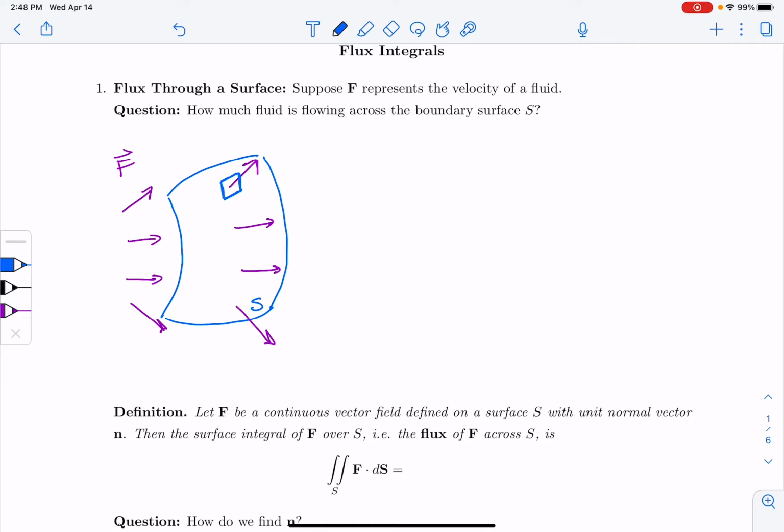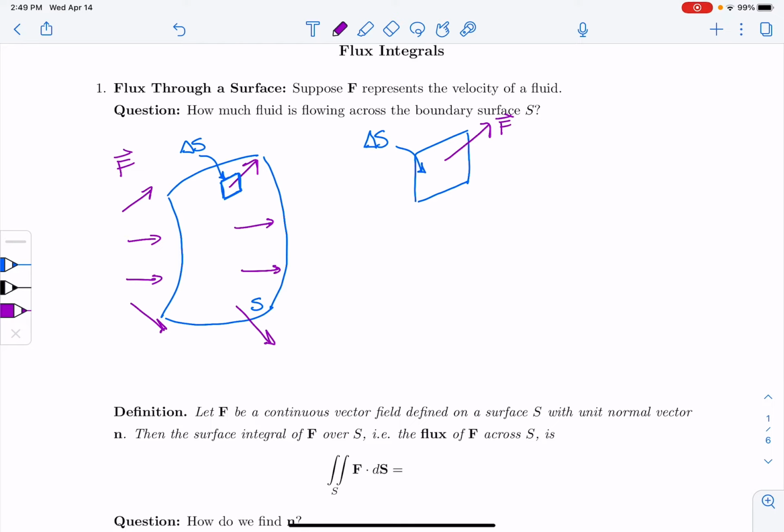So I'm going to enlarge that little piece. I'm going to call it delta S. Okay, so this will be some small piece here, delta S. And I'm going to think about there being just one vector F that represents the velocity through that piece of the surface.